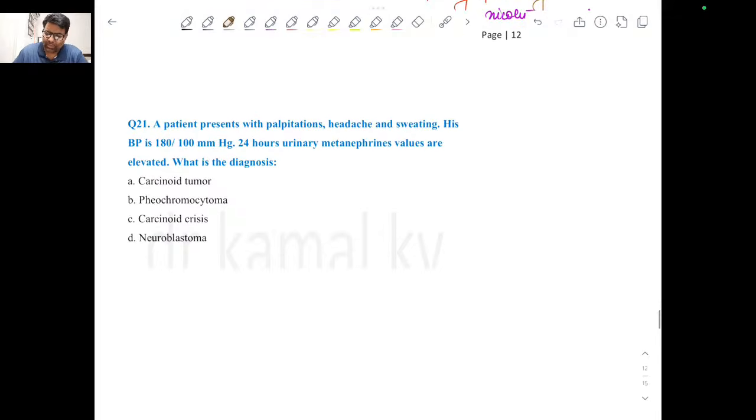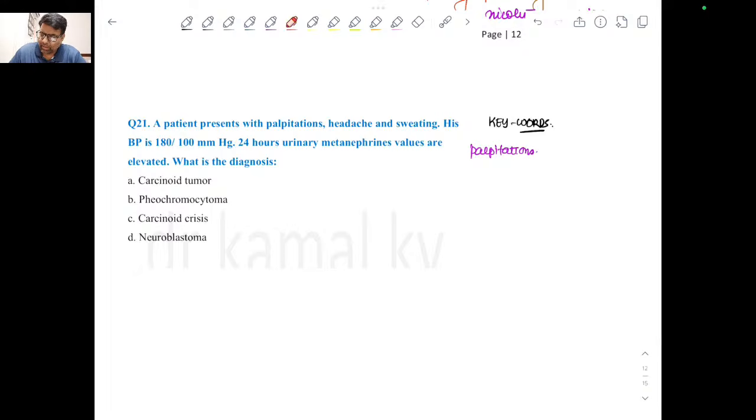The next question: a patient presents with palpitations, headache, sweating, blood pressure is 180 by 100 millimeter of mercury, 24 hours urinary metanephrine values are elevated. What is the diagnosis? I think it's again a very basic question, and it has been repeated many number of times. So if we go with the keywords, what is happening here?